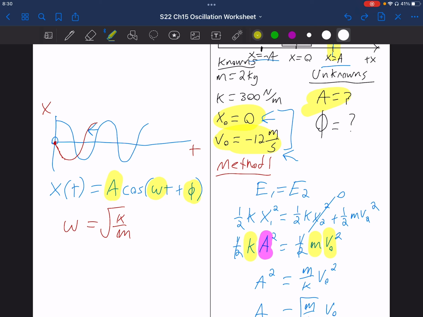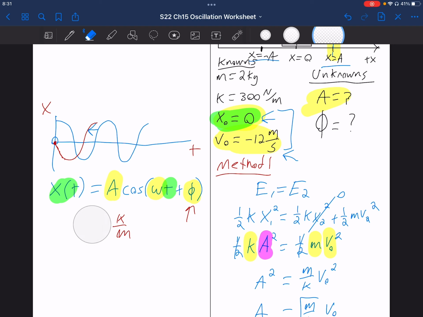And so in this equation, if I want to solve for phi, if phi is my unknown, and I know A and omega, then all I need to know is, if I know x and t, then I have one unknown, and I could figure out that phi. And guess what they gave us in the problem? They gave us x at a key moment in time, at time equals 0.